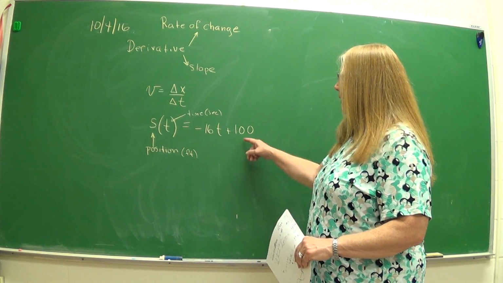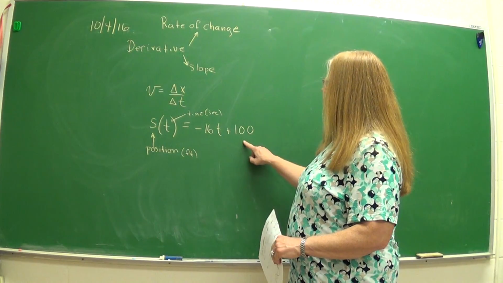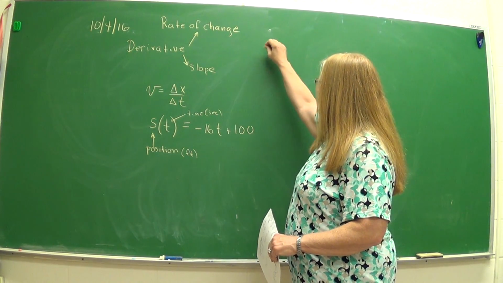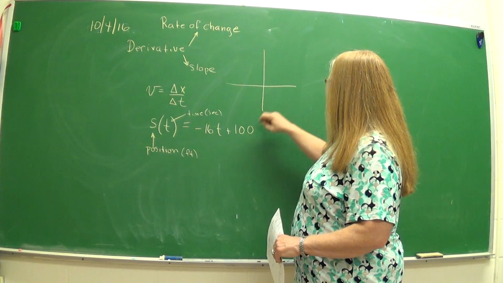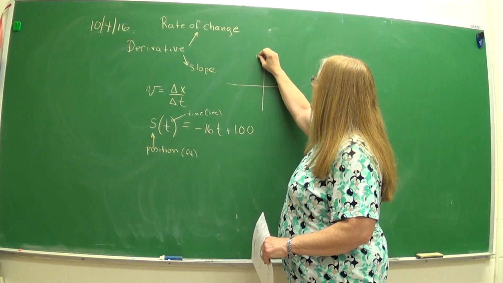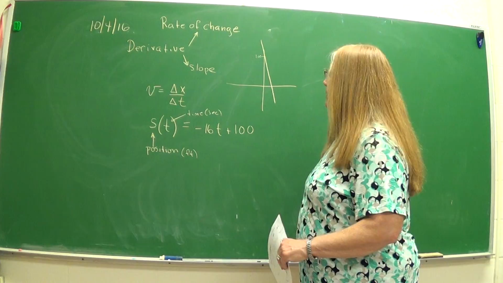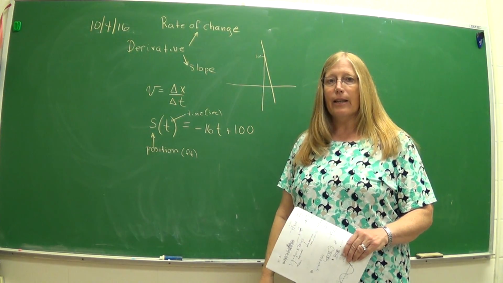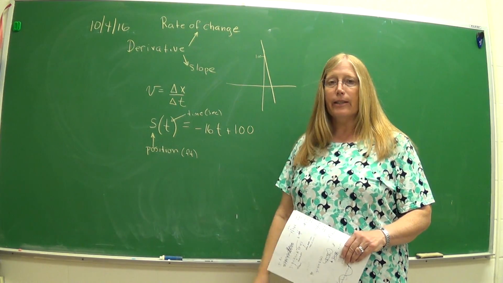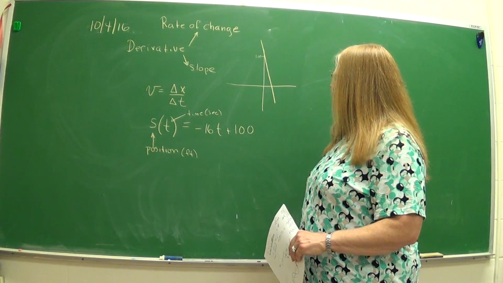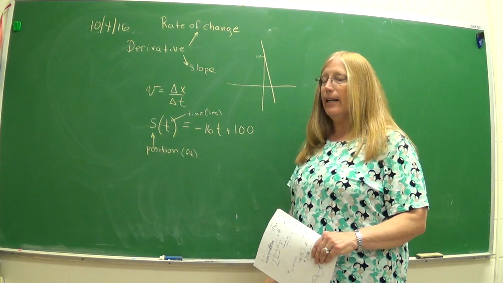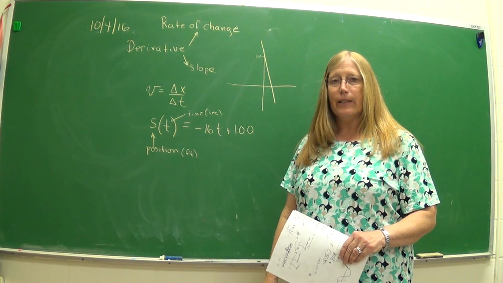So you don't have to have the function in front of you, but this is an easy one to take a picture of. So it's going to cross the y-axis up here at 100 and have a very steep negative slope. So that is a straight line function. It is linear. And it's easy for us to see that the slope everywhere on that curve is the same.